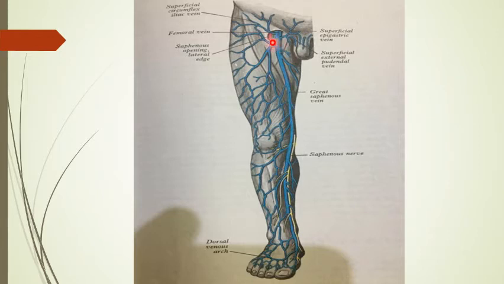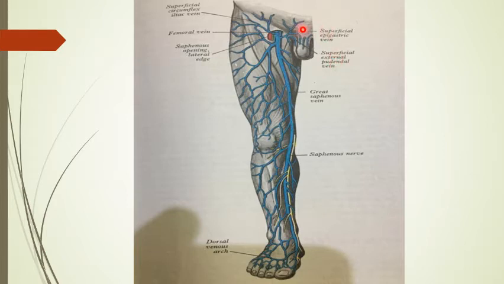Before entering the femoral vein, the great saphenous receives the superficial external pudendal vein, which drains the scrotum and the external genitalia.